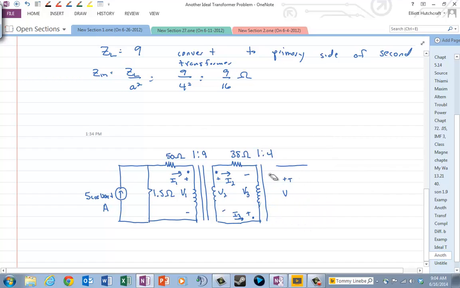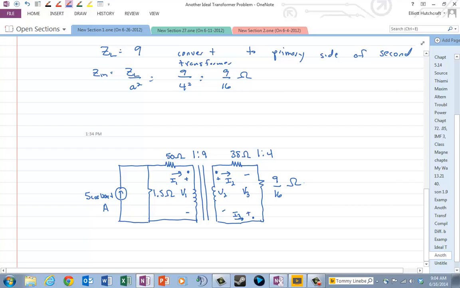What that means is I can paste my circuit again, erase over here, and put at the primary side of that second transformer 9/16 ohm, because that's the input impedance. So we've replaced the rest of the circuit with that.